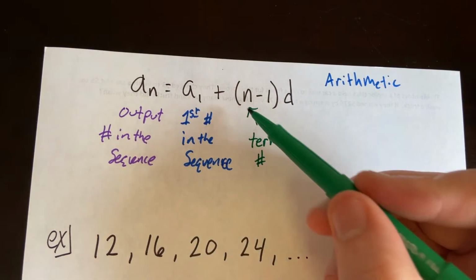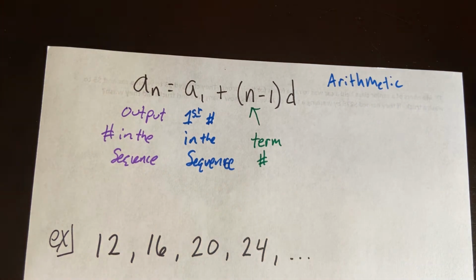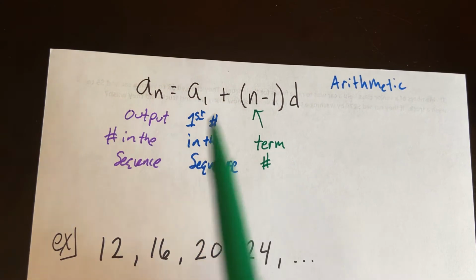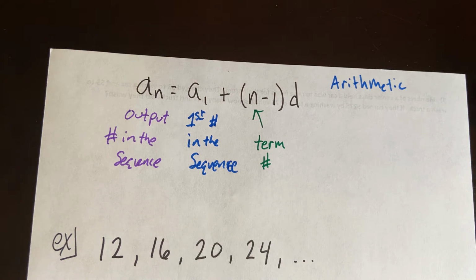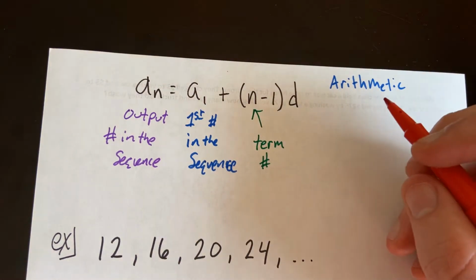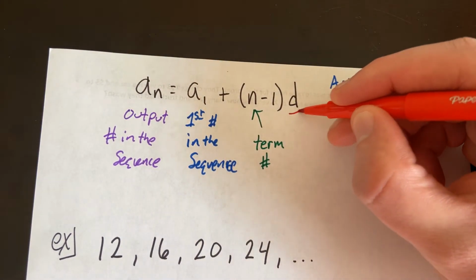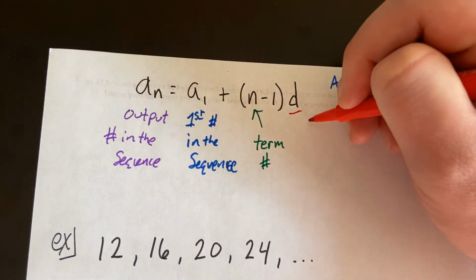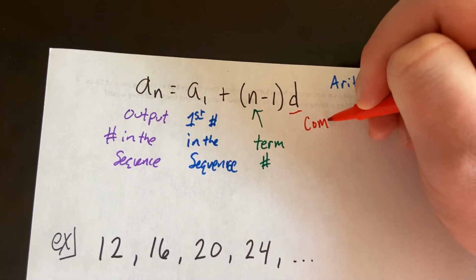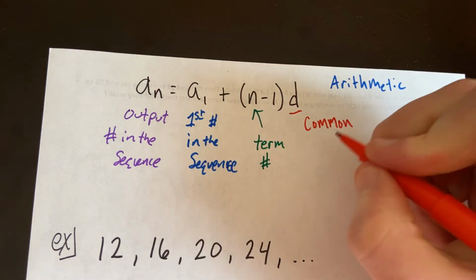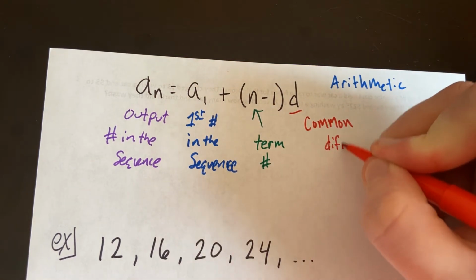So that's what this number is going to represent in the nth term: what number of the sequence are we referring to? The 1 is just going to be a whole number. We could go into more detail with that, but just understand that this is the formula we're going to use. But the next part of it, I feel the most important part of the equation, is d here. And the d, hopefully thinking about what we did yesterday, is the common difference.